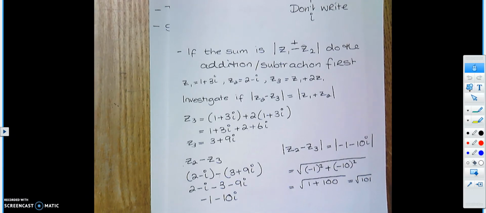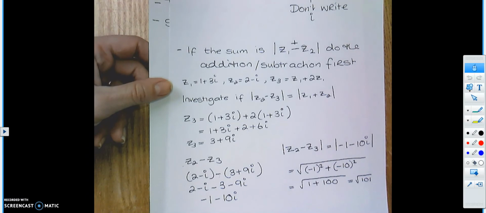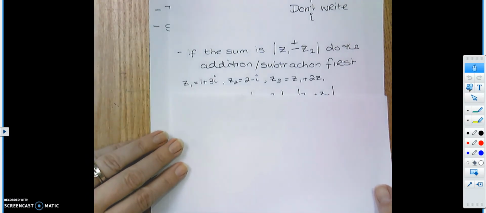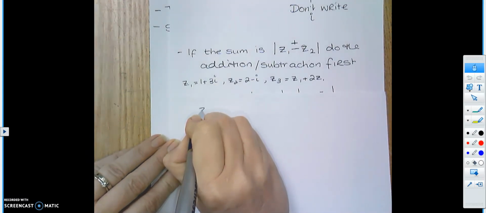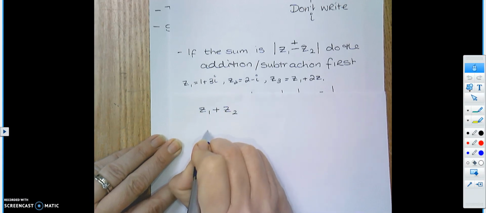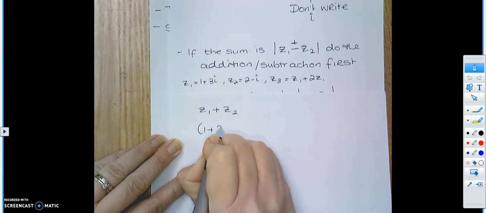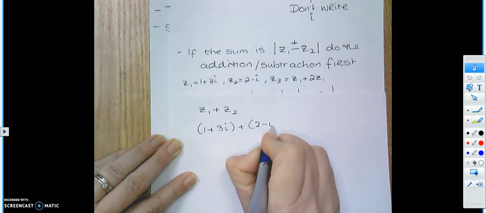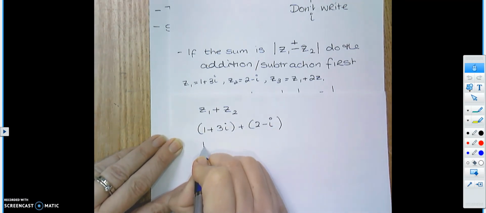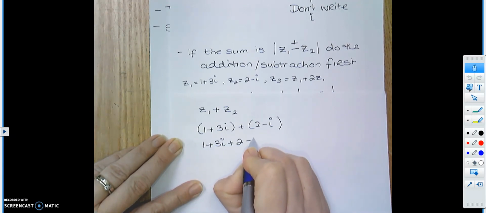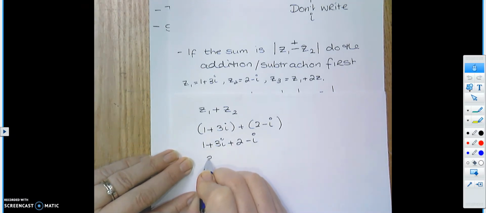Okay, we want to compare that to the modulus of z1 plus z2. Again, write them down with brackets, get rid of the brackets, tidy them up.